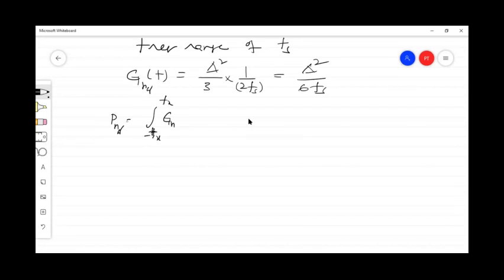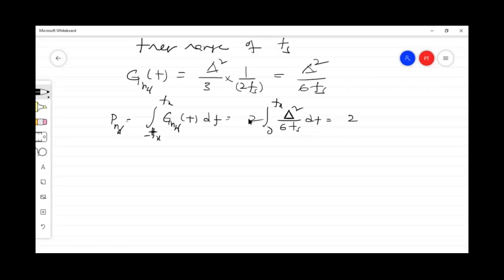So we integrate the noise power spectral density Gnq of f into df. It is 2 times the integral from 0 to fx, where the value is delta squared by 6 fs into df.